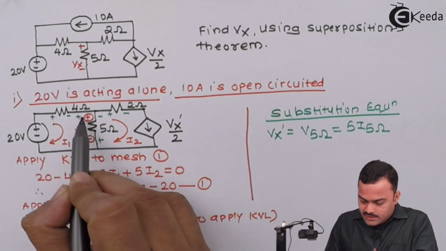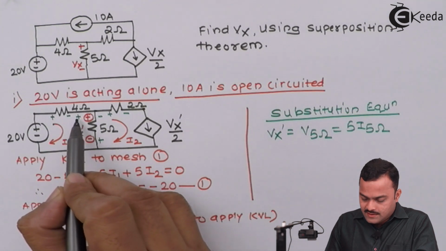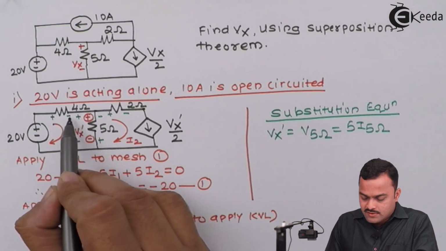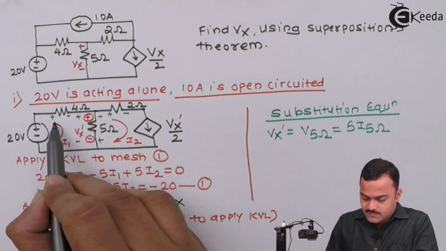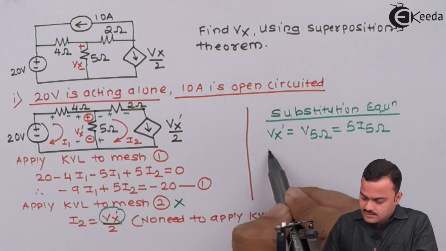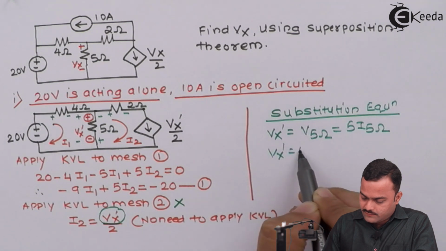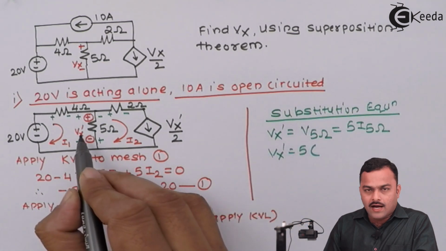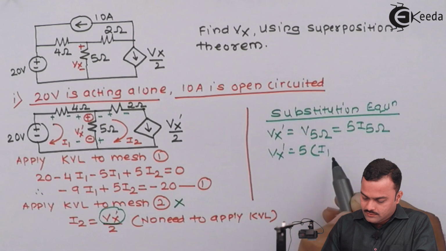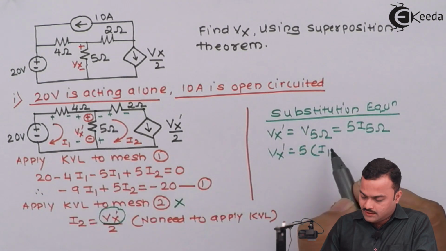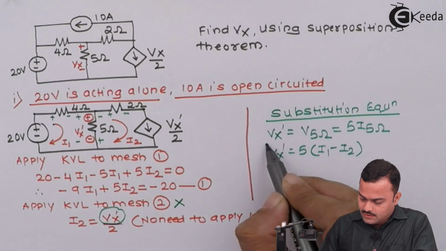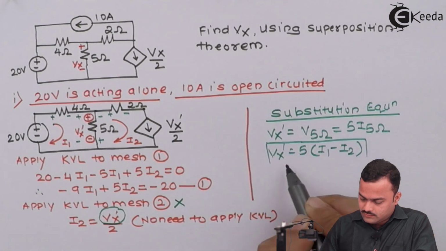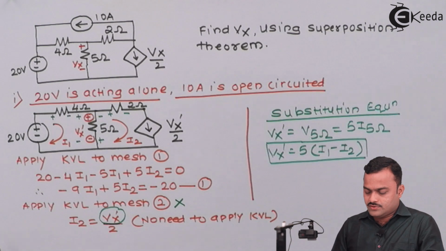Given polarity is matching with this polarity. Hence, the current which caused this polarity is dominant over the other current. So this polarity is caused by I1. So I can say Vx dash is nothing but 5 times, I1 will be dominating, and I2 is opposing I1. So it is 5 times I1 minus I2 as a substitution equation.